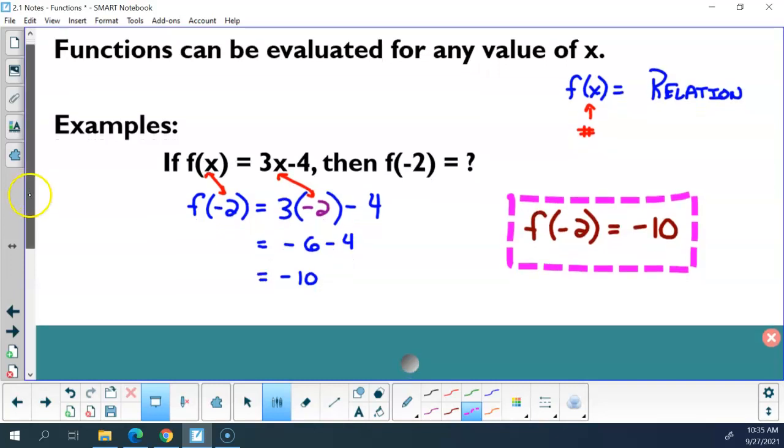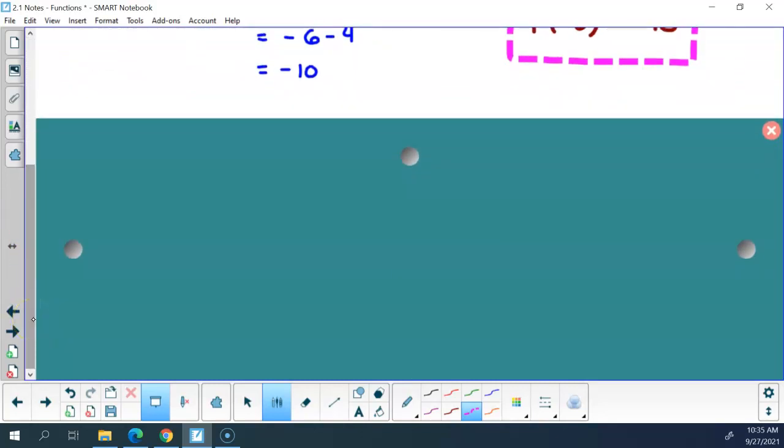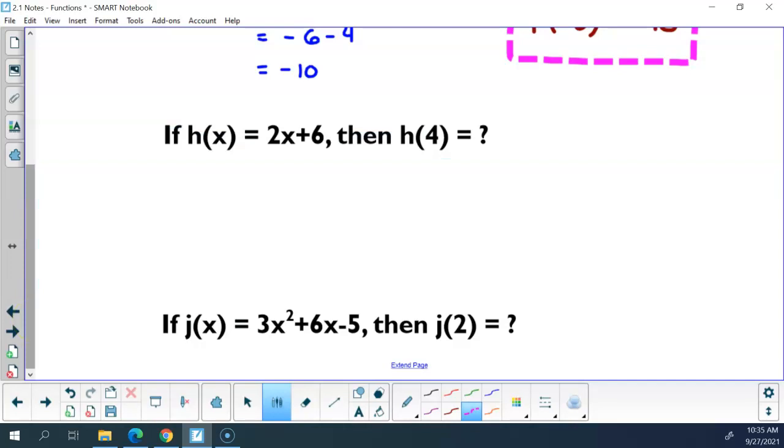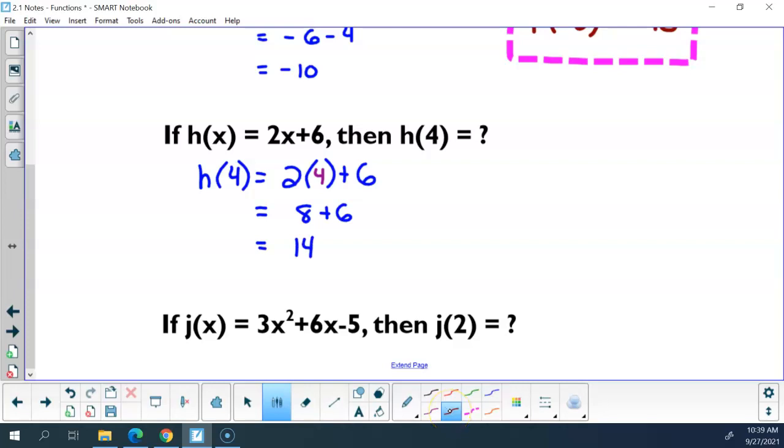What I would like you to do now is find me h of 4 and j of 2. So h of 4 is going to be 2 times 4, then plus 6. 2 times 4 is 8, plus 6 is 14. So h of 4 would equal 14. Agree?